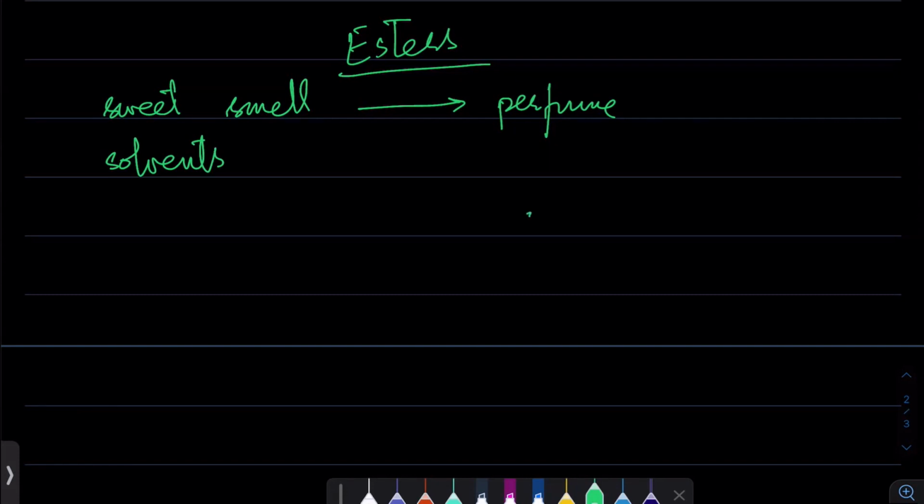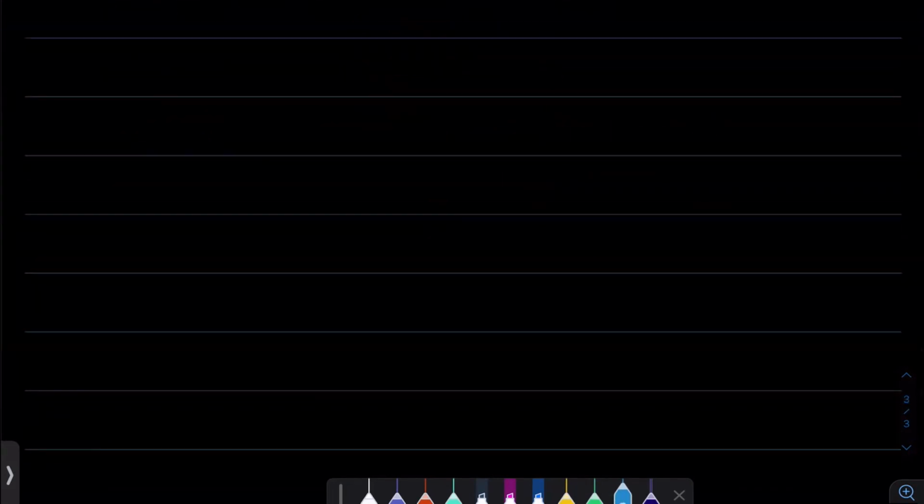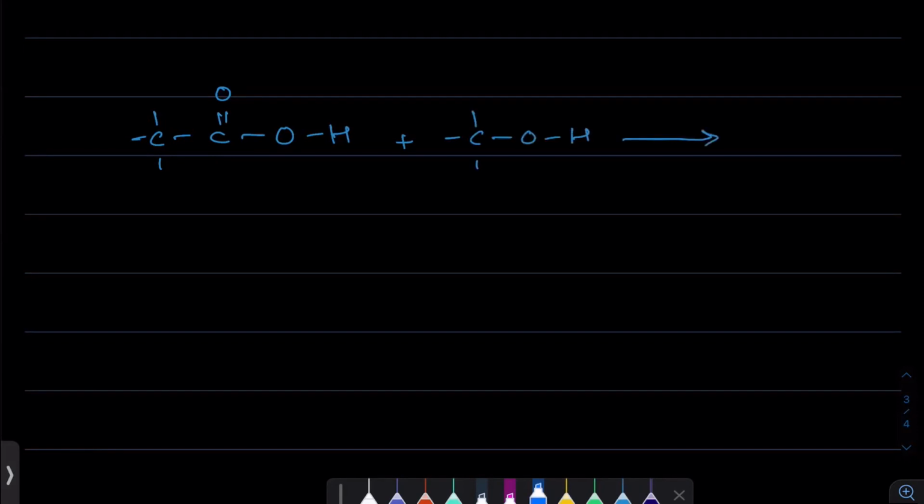Esters are characterized by this bond. इनमें ये होती है, इस साइड पे भी एक alkyl group होता है और इस साइड पे भी alkyl group होता है. Now how do we get them? We simply take an acid. So let's say I'll take the example of ethanoic acid. Okay. And I react it with, let's say, methanol. So what will happen is that the H and OH will be removed.